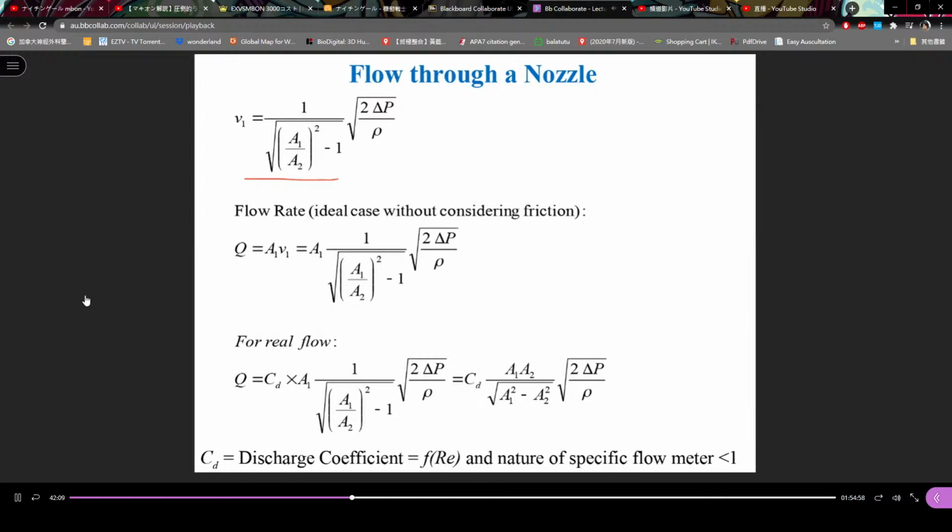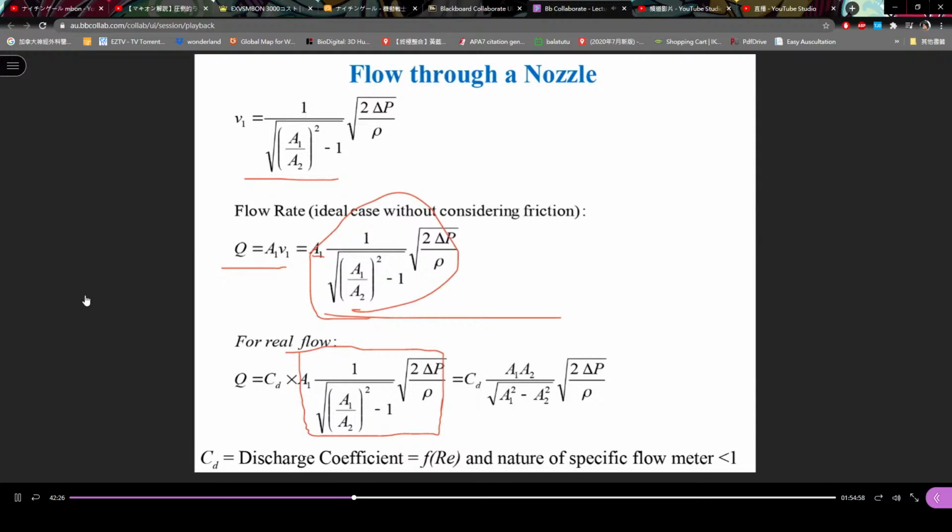And the flow rate is given by A1 V1, same, just simply times A1. This equation is similar to this one, exactly the same.